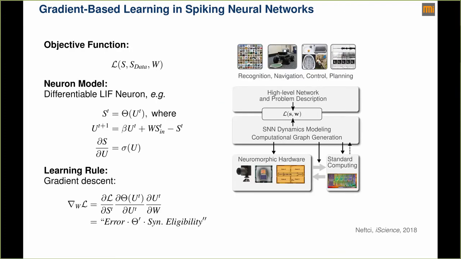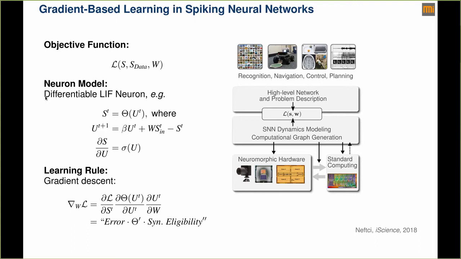So this leads to the overall framework, which is, I think, a very powerful framework for programming neuromorphic hardware, in which we first define, just like we do in machine learning, some objective function, something that if you optimize it, you'll be doing a good job at a given task, such as recognition, navigation, and so on. This objective function is going to depend on a network in which there's a neuron model.